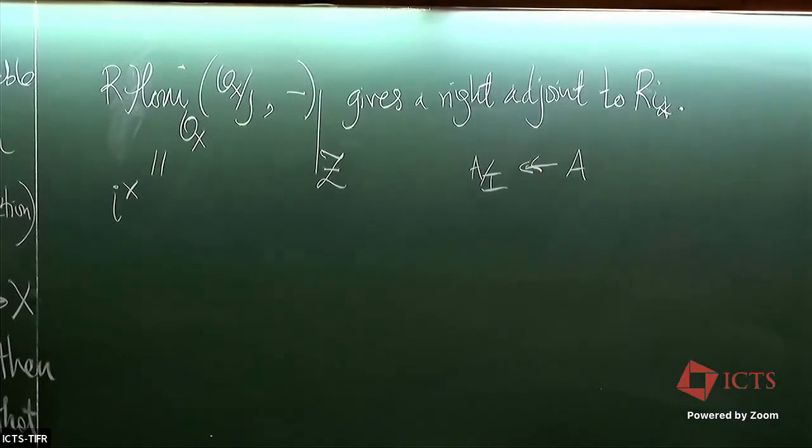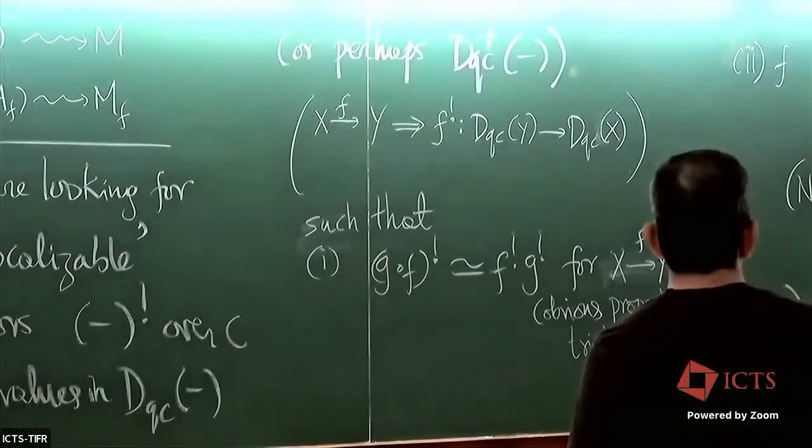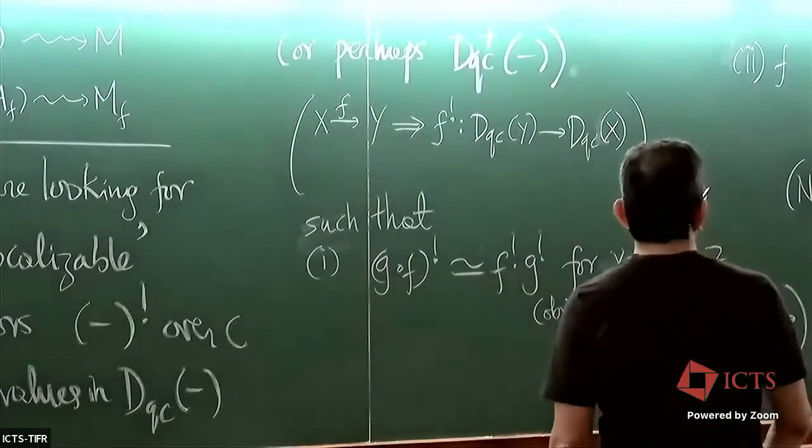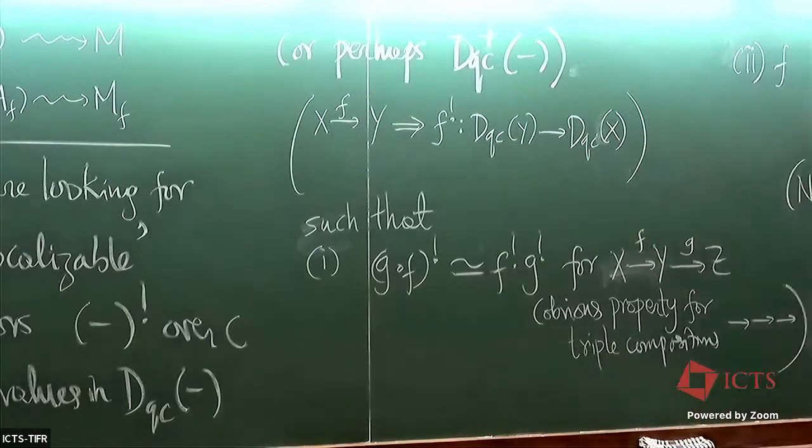One final remark is, if we go back to Verdier duality, one is saying there's a right adjoint only when F is proper, but otherwise one is not looking for the right adjoint.